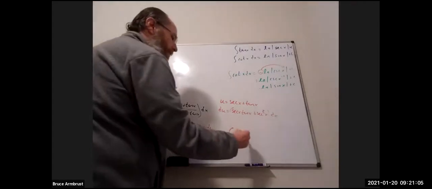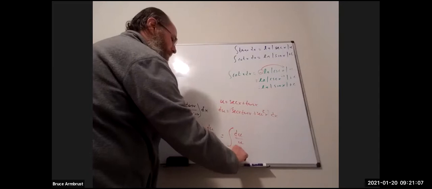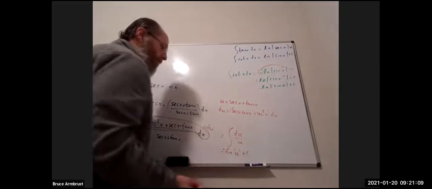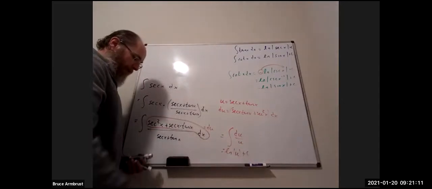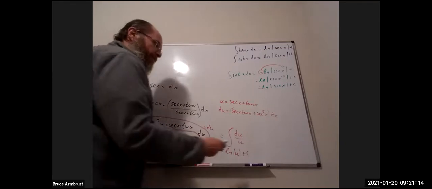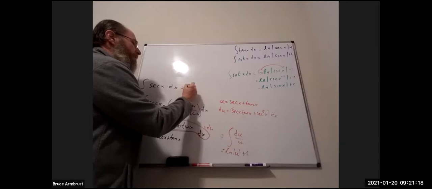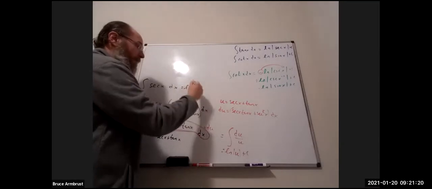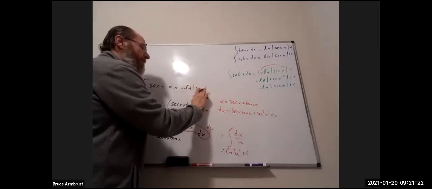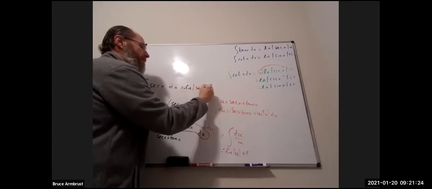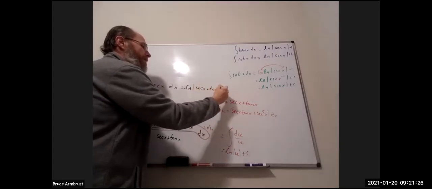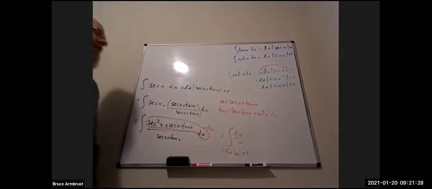So we get natural log of u plus c, of course. And if we replace the u back in, we get that this integral is the natural log of secant plus tangent plus c.